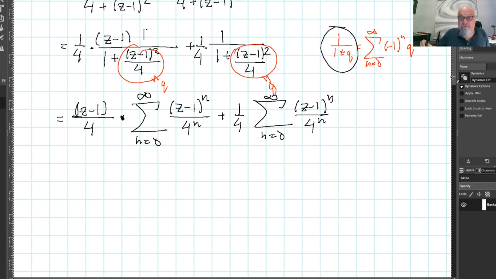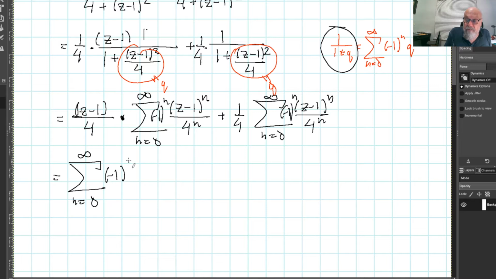Now we can simplify it. You can see that I forgot minus 1 to the power n, and minus 1 to the power n. Okay, now it is correct. So this is the sum from 0 to infinity, and what do I have? The first one is again minus 1 to the power n, and this is z minus 1. Of course it's not correct.